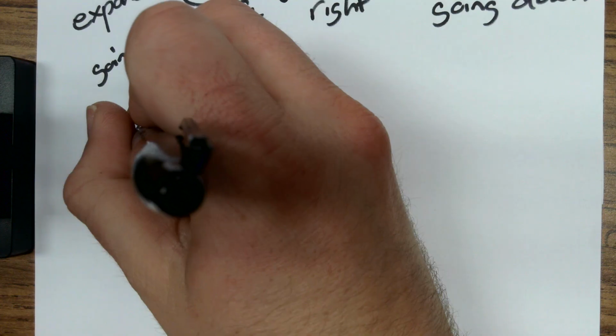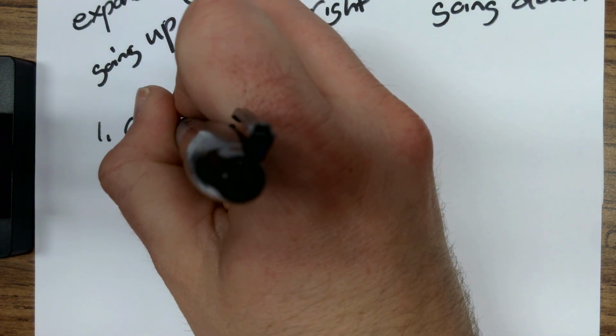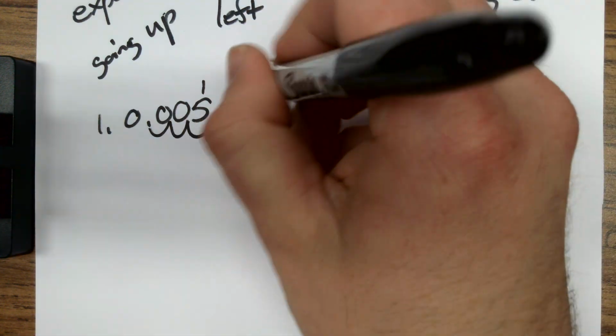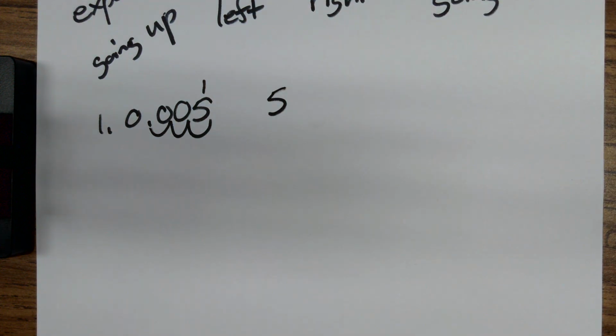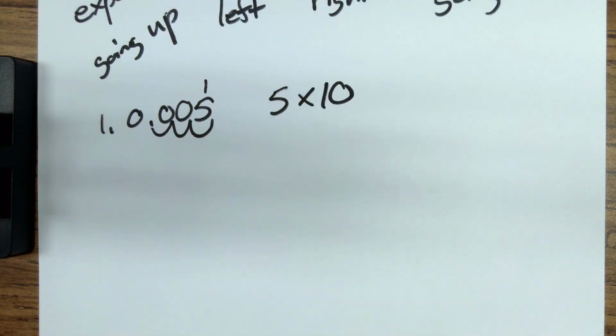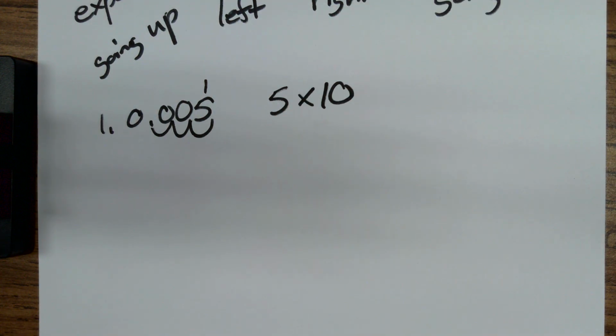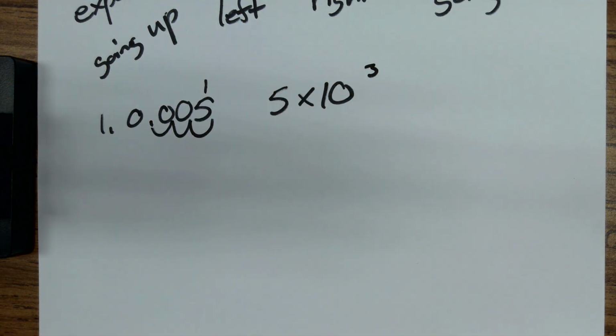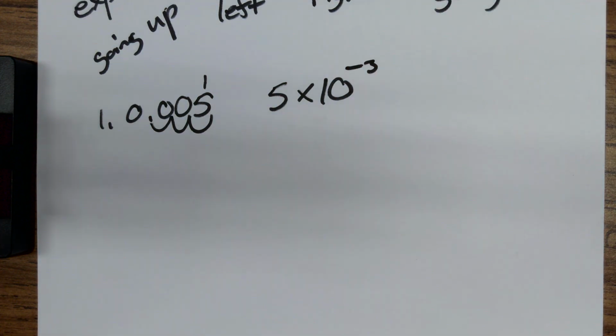I will move that decimal over. 1, 2, 3. So now I write my new number. 5. It's always to a power of 10. How many times did I move my decimal? 3 times. Did I move it in the positive direction or the negative direction? Negative. Done.